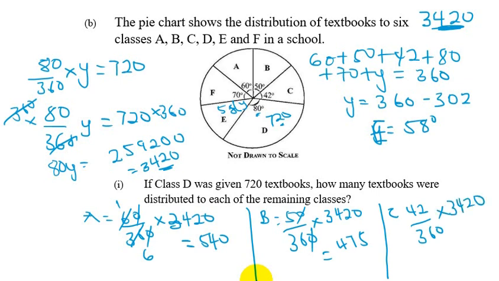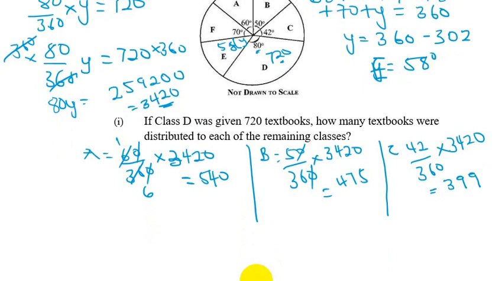Now with that one, we have 42 multiplying 3420 divided by 360. So they also had 399. So that's for C.